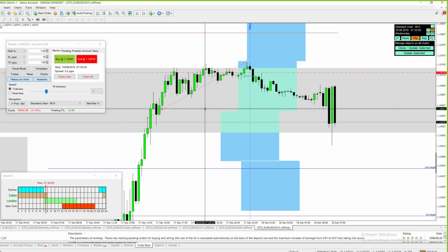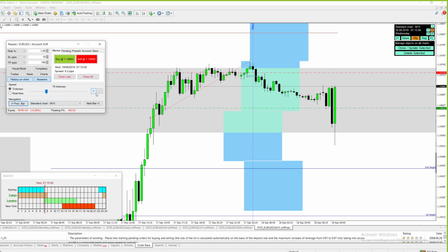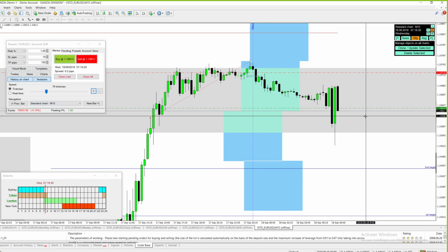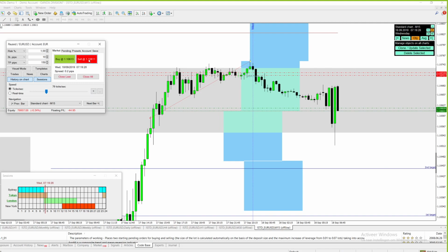So the price is 1062. So I'll put it in here. Then what is the stop loss? So that's from 1 lot to almost 9 lots, so that's better.